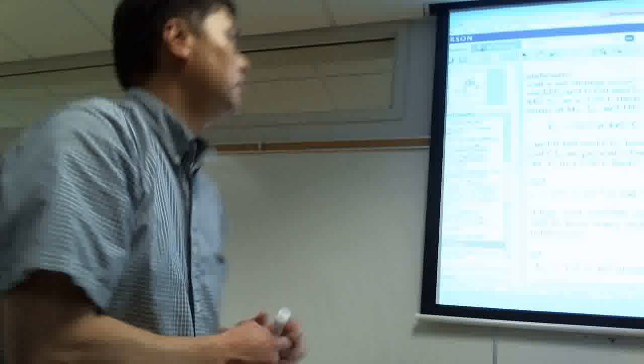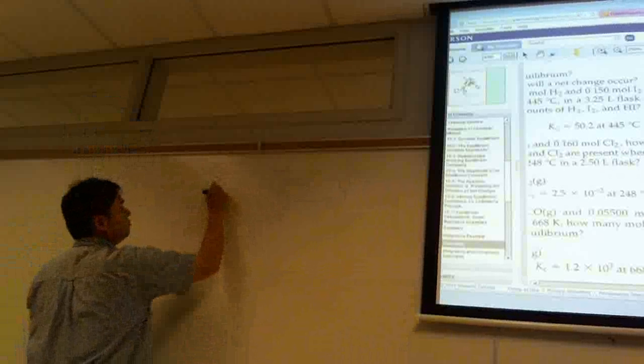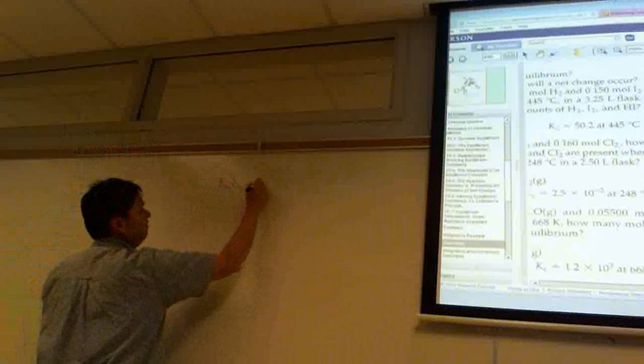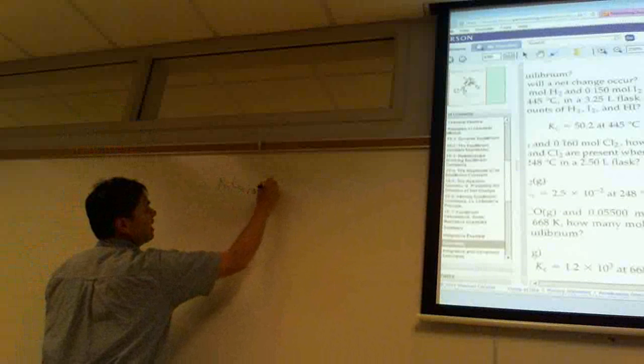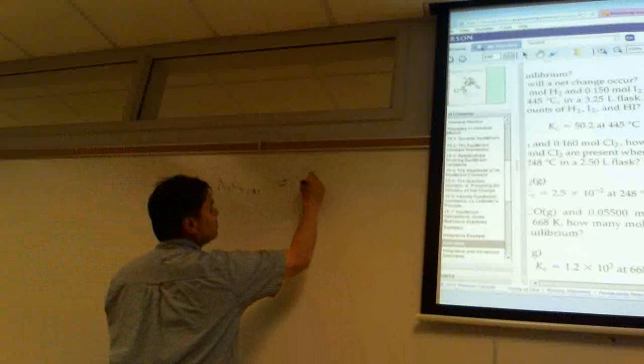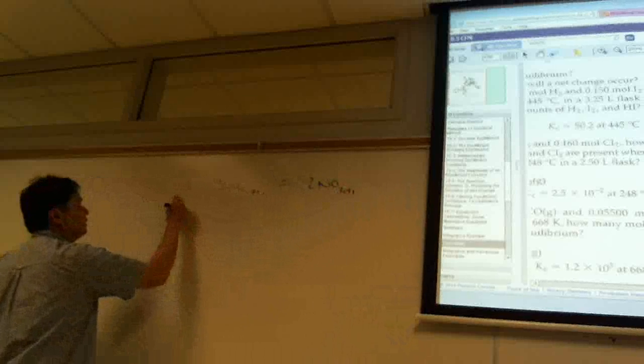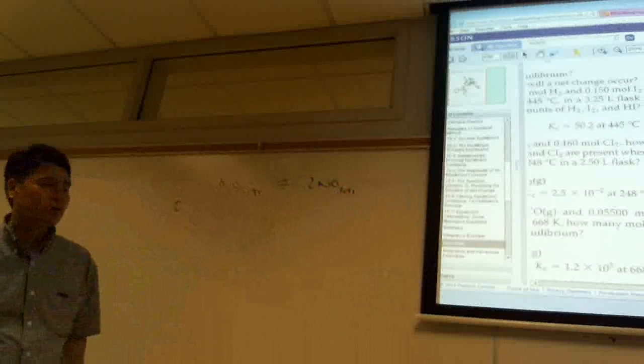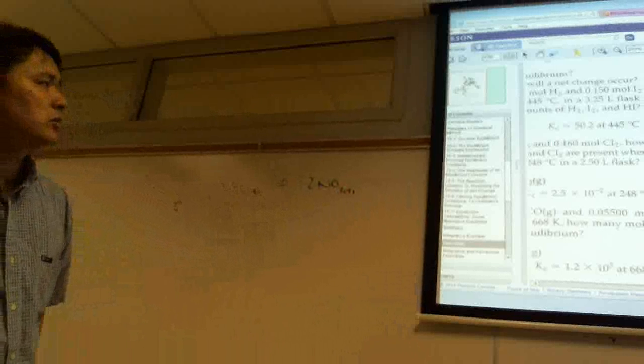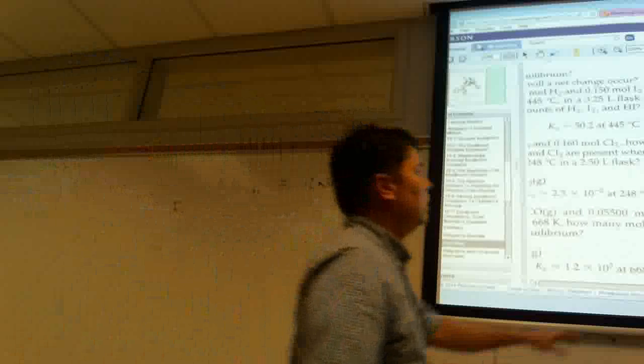And so the reaction here is N2O4 gas decomposes into 2NO2 gas. And they're saying my initial conditions are already at equilibrium, but we could check this. The initial conditions will be 0.971 moles of N2O4 over 0.750 liters.